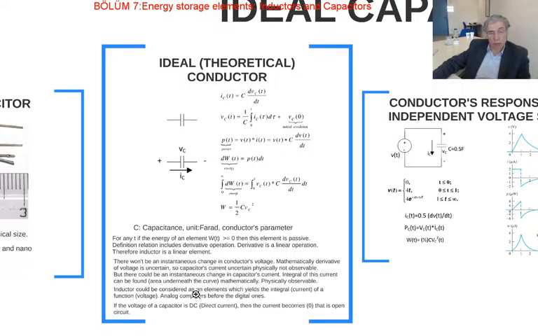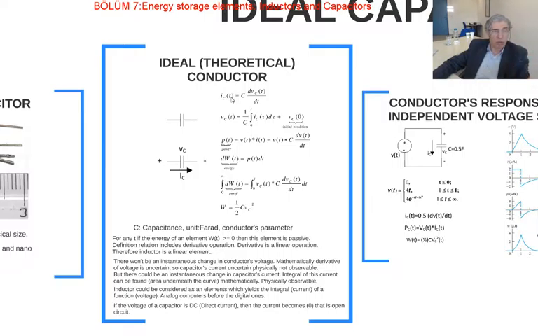One more thing that we could say just by looking at the definition relation of a capacitor is this: if a DC source is applied to a capacitor, DC source means VC(t) is equal to a constant. The derivative of a constant gives you 0. That means the capacitor current is 0. So if you apply a DC source to a capacitor, the current is going to be 0.